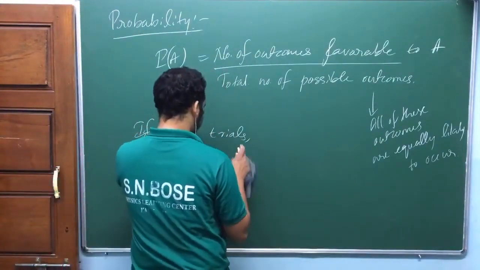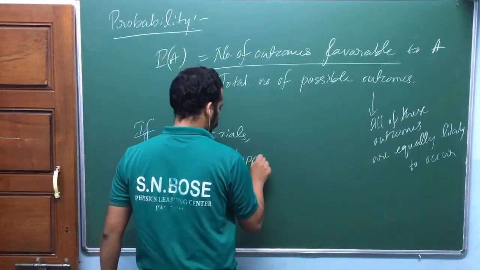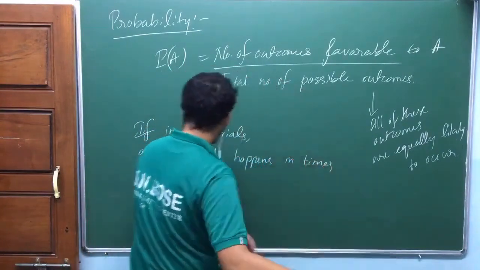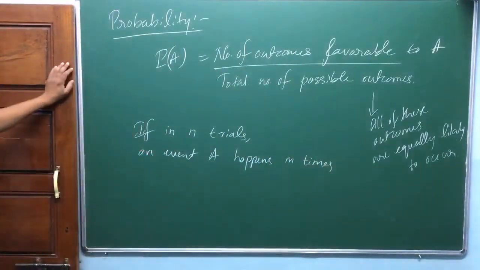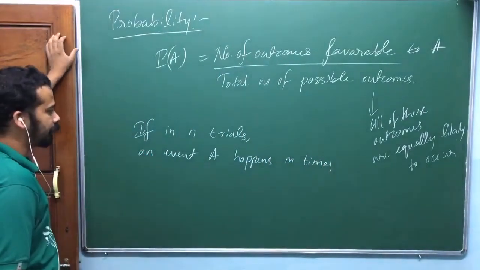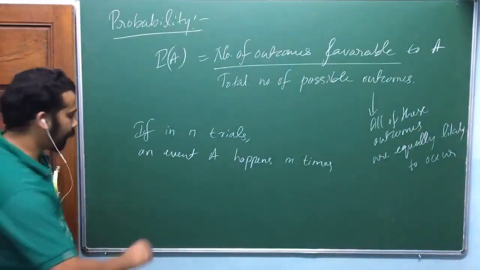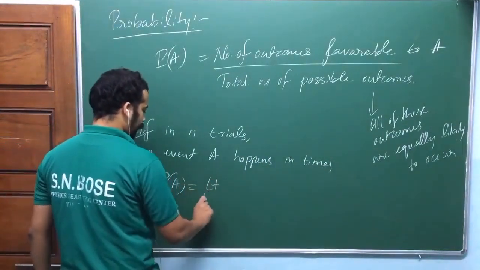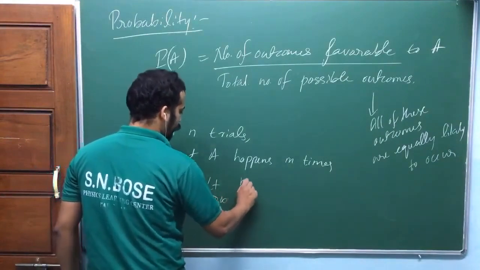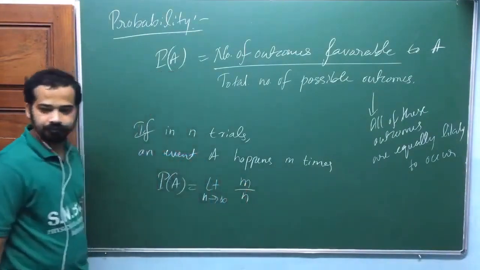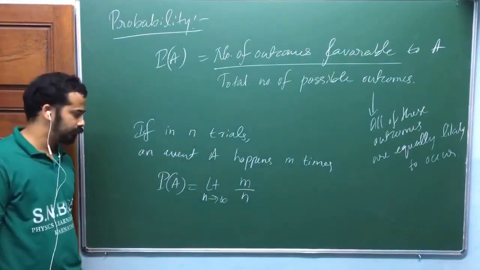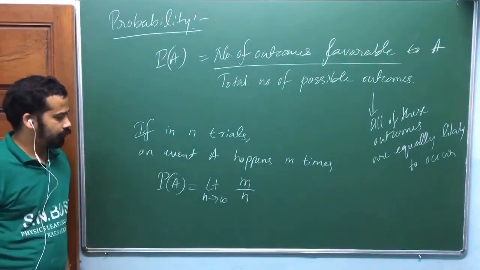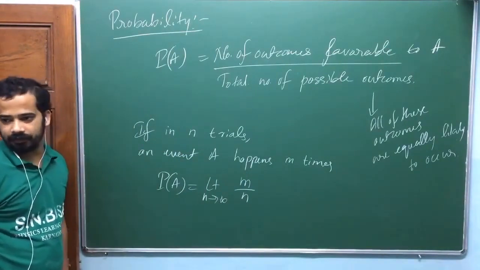Now the probability of A, let's say, is the limit as n tends to infinity of m divided by n. This is the actual definition of probability, I mean, the practical definition, isn't it?